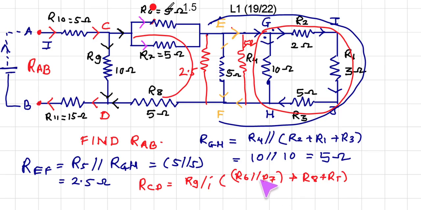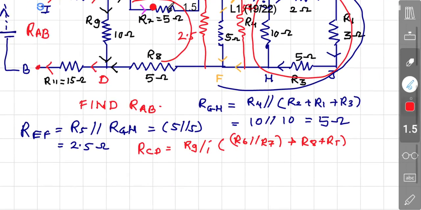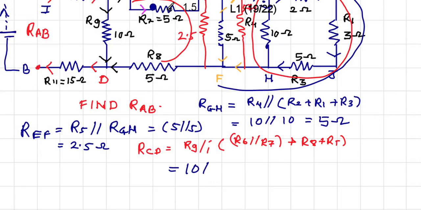So now here we are getting this resistance parallel to this. So how much is it? We saw it is 10 and 10, that is equal to 10 parallel to 10, that is equal to 5 ohm.